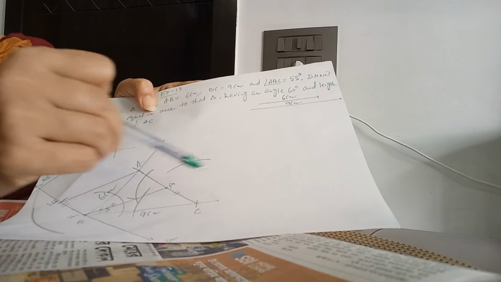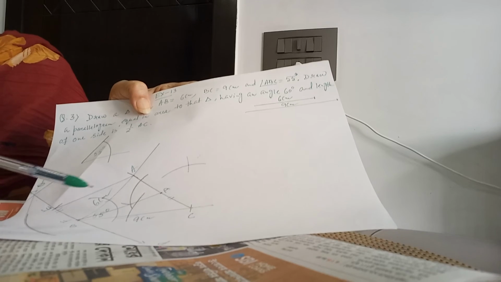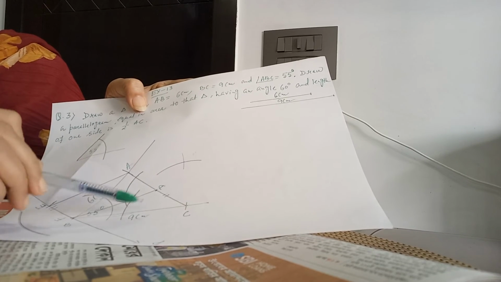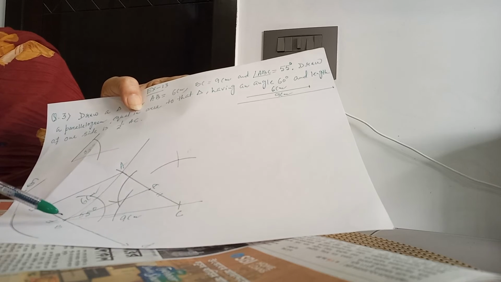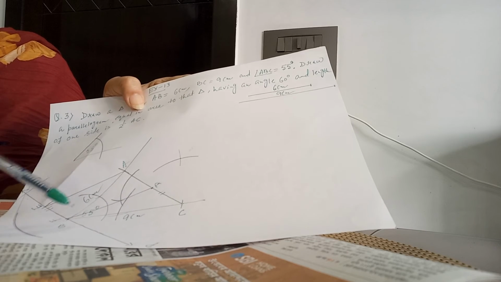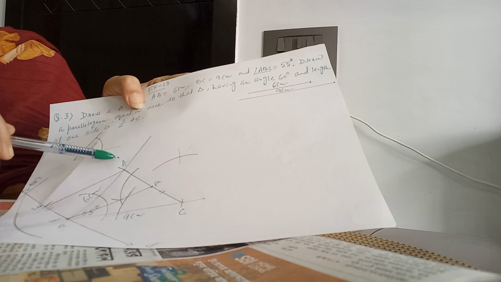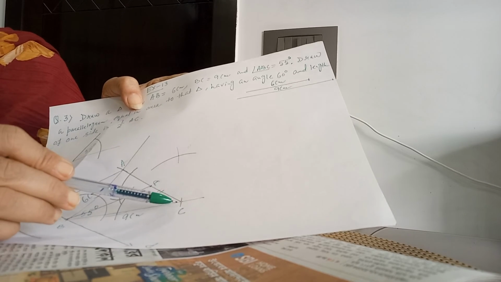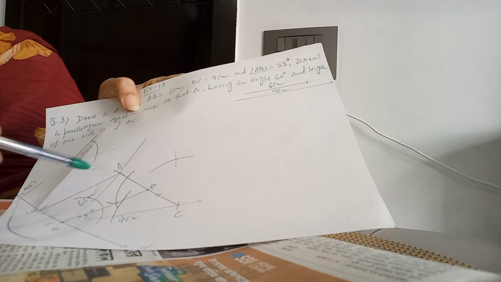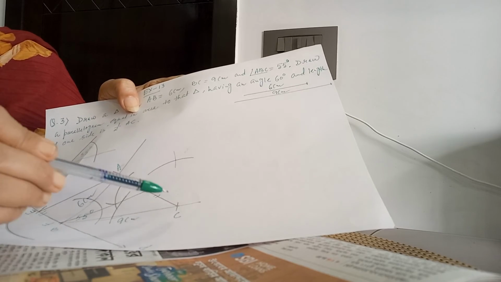Then I took the base, any line, and from here cut BC equal to 9 centimeter. Clear? Then I drew an equal angle at the point B. Then from this line I cut AB equal to 6 centimeter. Then I joined A and C. I have got the required triangle ABC.